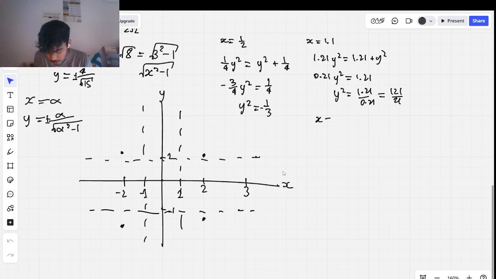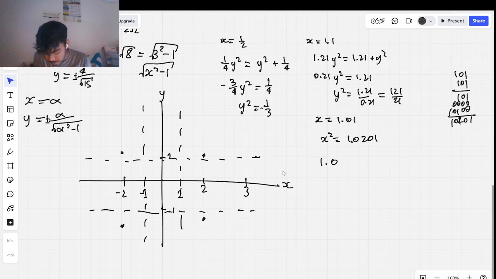So let me try a smaller value that's close to 1, 1.01. And actually, I'm just going to work this out very quickly. 1.01 squared is 1.0201, so x squared is equal to 1.0201. Okay, so this is what x squared is.